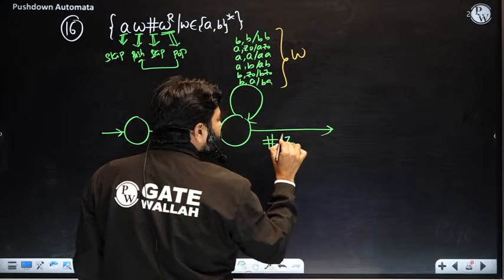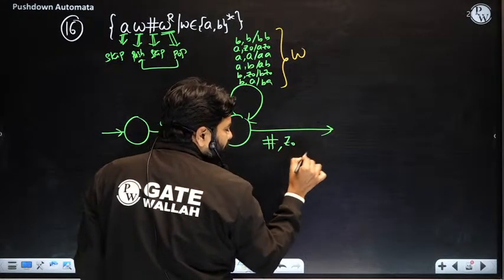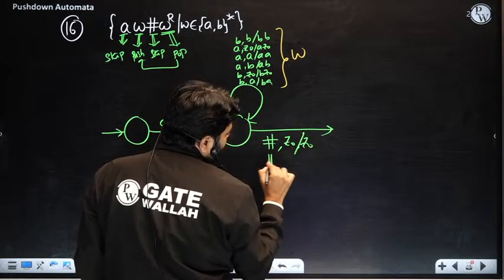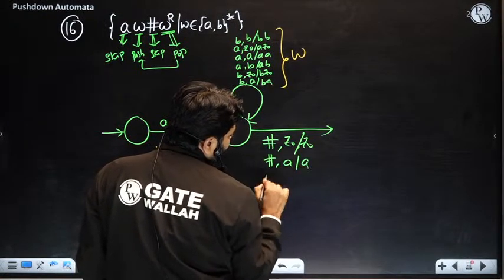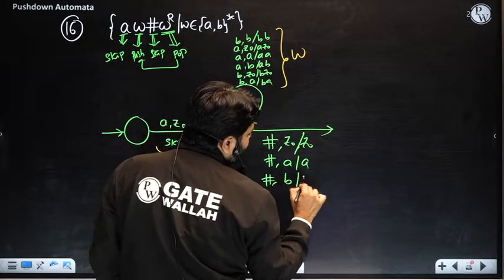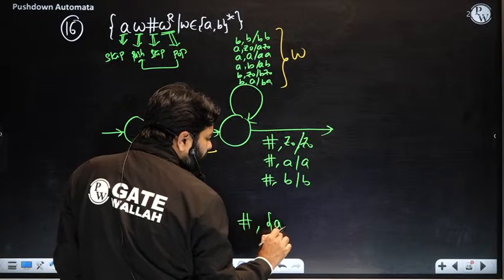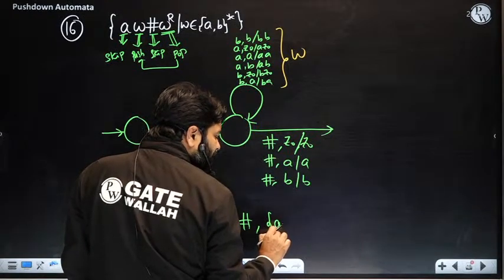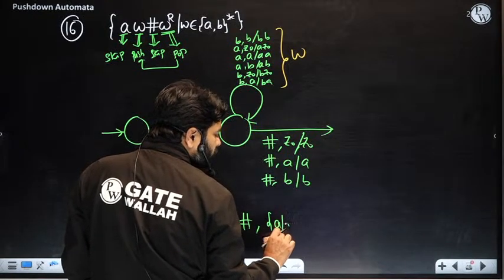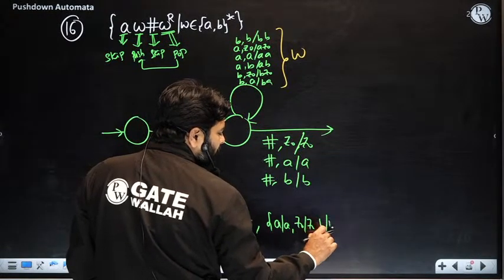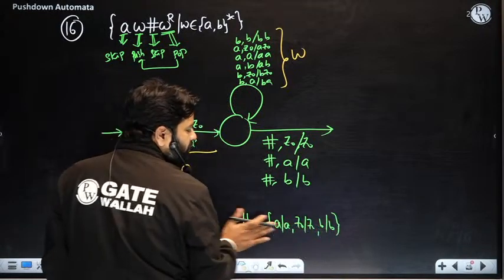You can also put a bracket here if you want, but I am just writing individually. Okay, Z0 slash Z0. All of these you can also write another way: when A comes, A should be there; Z0 comes, Z0 should be there; B comes, B should be there. You can also put it like this.